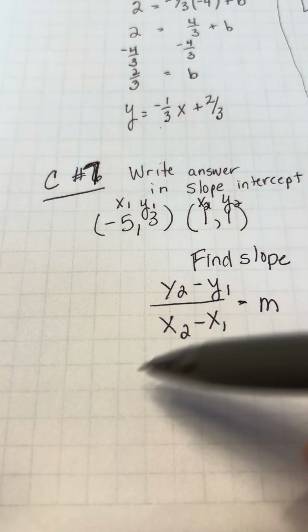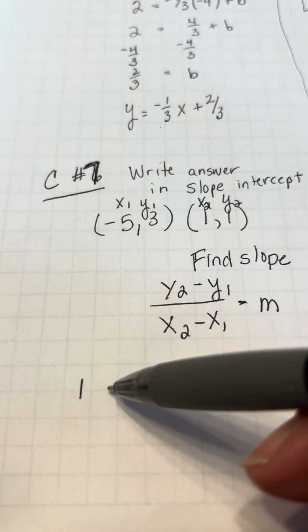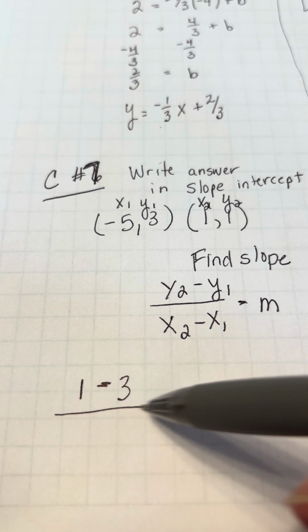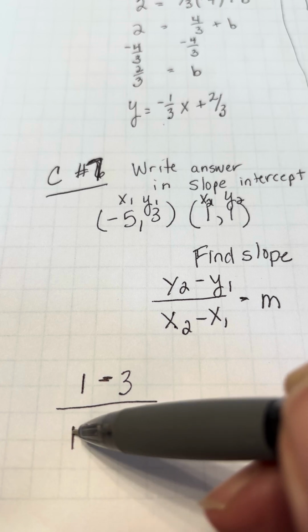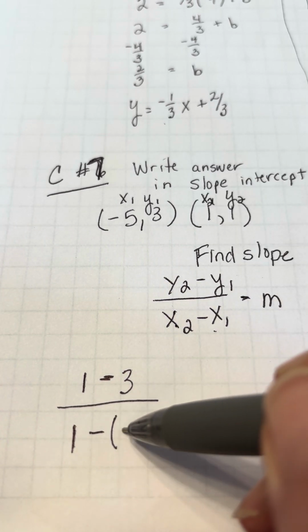So we're going to say y2, 1, minus y1, 3, over x2, which is 1, minus x1, which is minus -5.